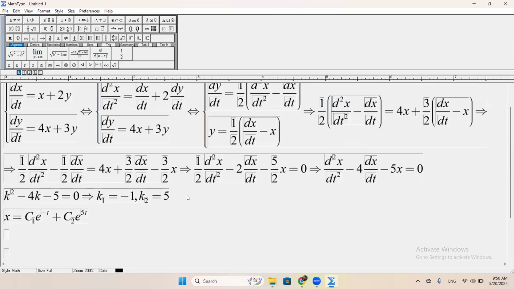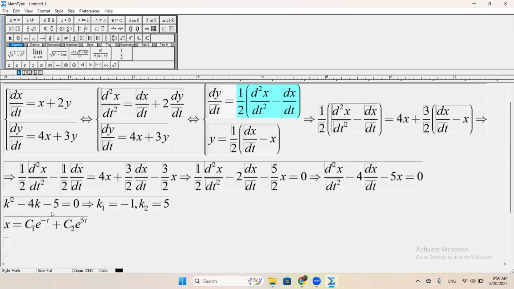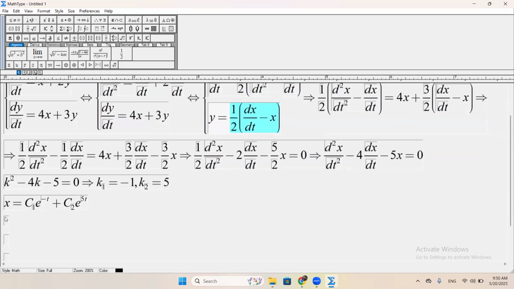Then finding y. So y can be expressed from this equation. So let us differentiate x. No, we can differentiate it once, so we will receive it from this equation.